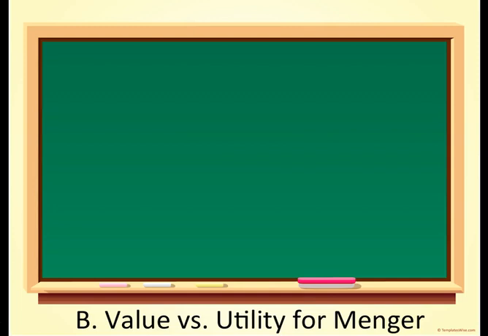Okay, let me just spend a minute here discussing the distinction between value and utility in Menger's framework. Because what you're going to find is that nowadays when economists talk about price theory, they'll just use marginal utility and value, and they'll throw these terms around, and you would think that they're saying basically the same thing, that they're all the same kind of term.